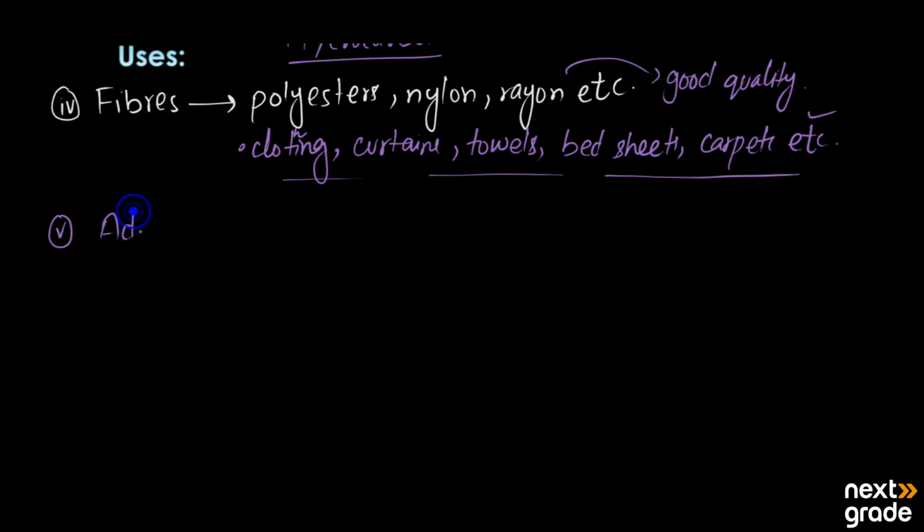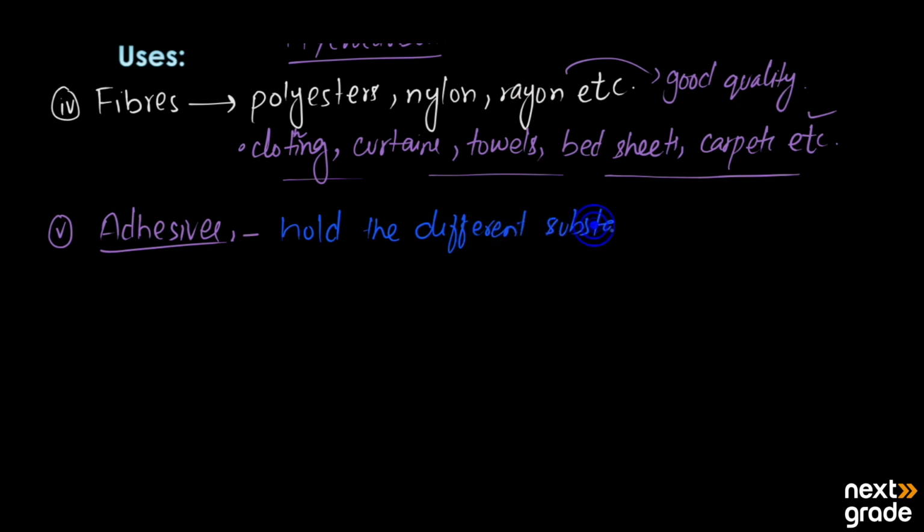The fifth use of hydrocarbons is the manufacturing of adhesives. What is meant by adhesives? Adhesives are formed from hydrocarbons and are used to hold different substances together. They are powerful because they create a strong bond between two surfaces.